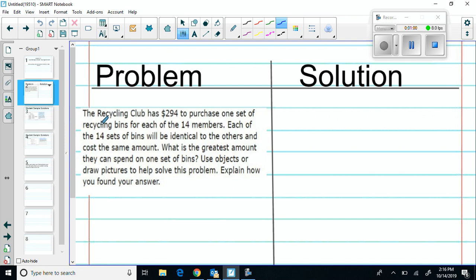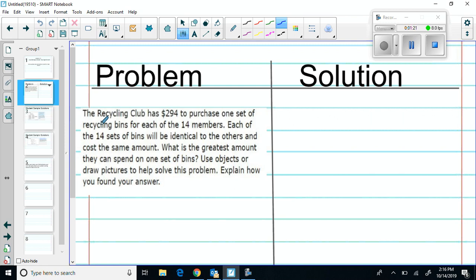Each of the 14 sets of bins will be identical to the others and cost the same amount. What is the greatest amount they can spend on one set of bins? Use objects or draw pictures to help solve this problem. Explain how you found your answer.